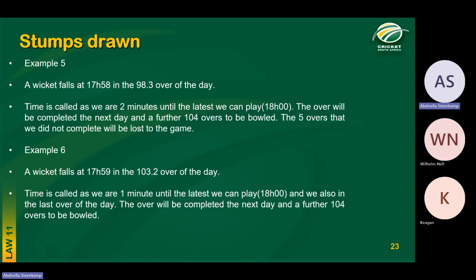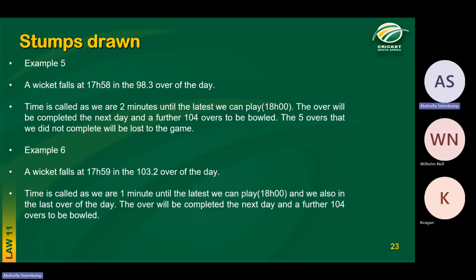The only time where you start earlier is if you lose time during the game due to adverse conditions. That's the only time when you're allowed to start earlier. If you lose overs due to slow over rate or extenuating circumstances, you do not start earlier. You can only make up lost time if you lose time due to adverse conditions.